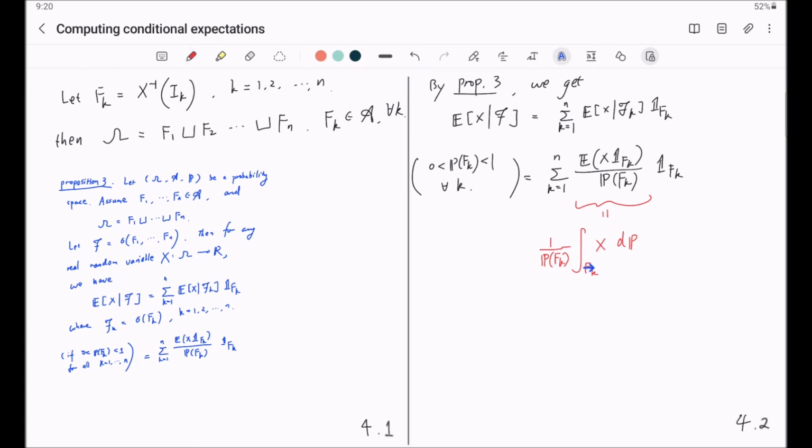And because on F sub k, by our definition, X is in some interval I sub k, it has a minimum and maximum, some interval like this. Let's call it alpha comma beta.